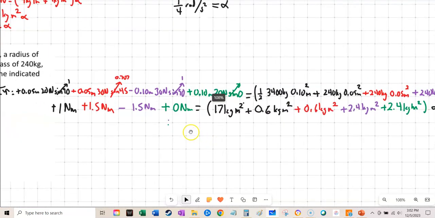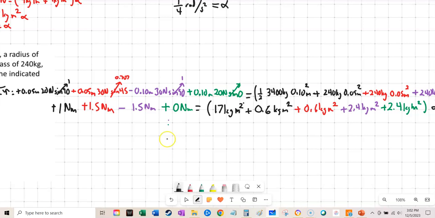Okay, now is the time to start adding up our torques. So you got 1 plus 1.5, that's 2.5, minus 1.5, we're back to 1, plus 0. So the left-hand side is pretty easy. That's just 1 Newton meter of torque. After all that, just works out to be 1 Newton meter.